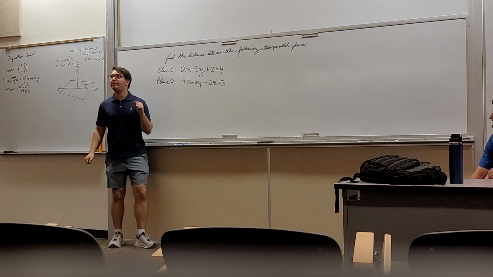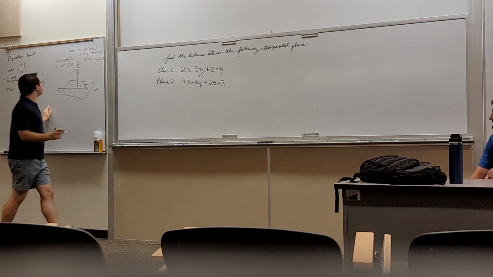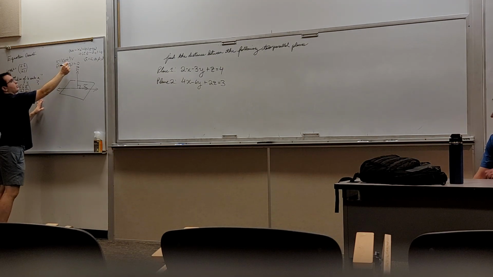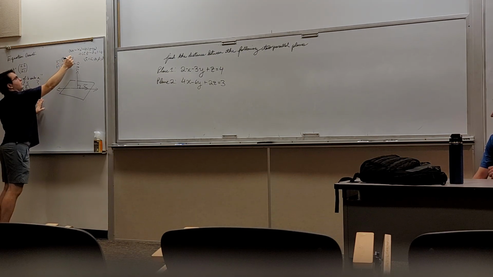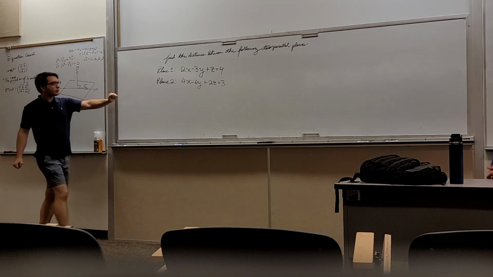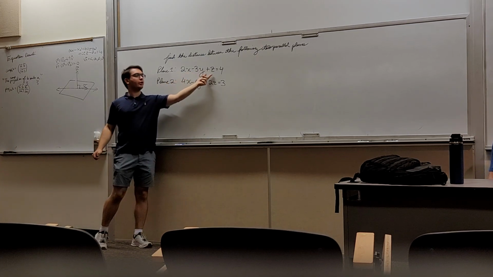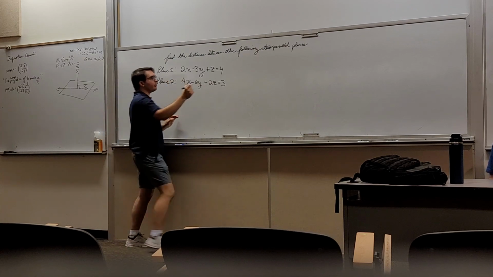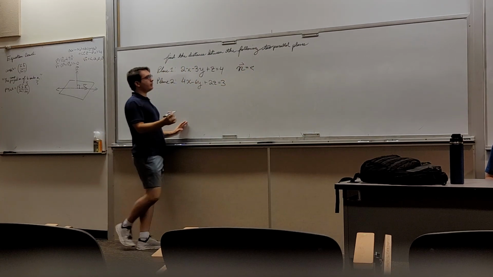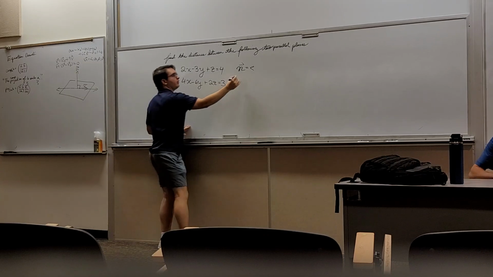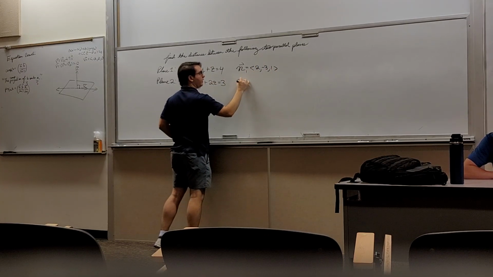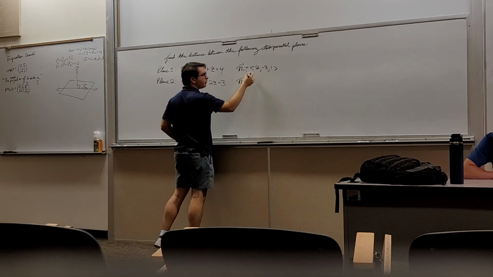Remember, the equation for a plane is n vector dot r minus r0. The normal vector corresponds to the coefficients in front of x, y, and z. So here my normal vector corresponds to what? 2, -3, 1.